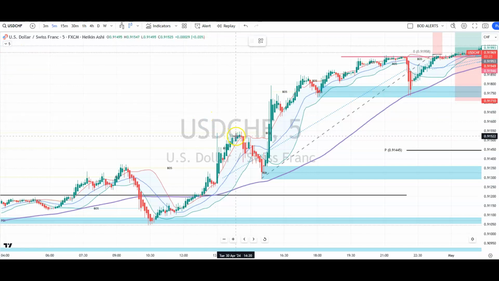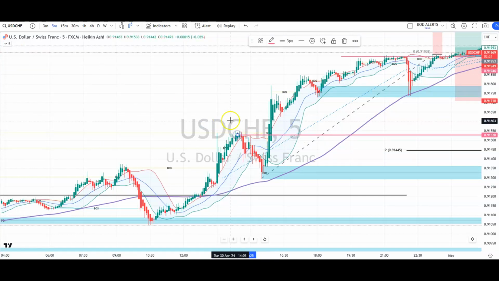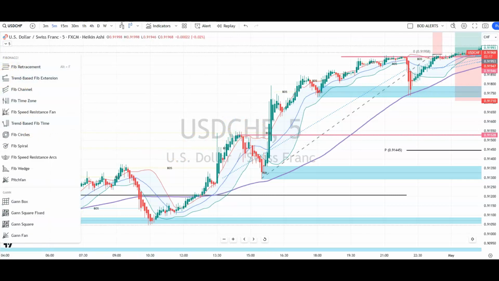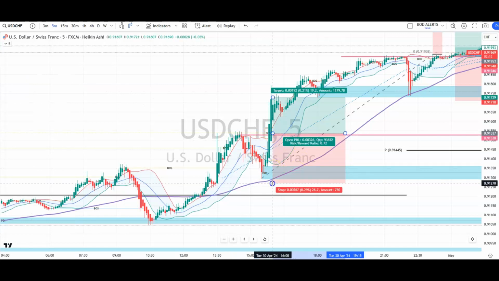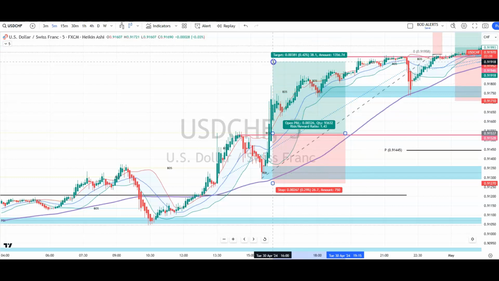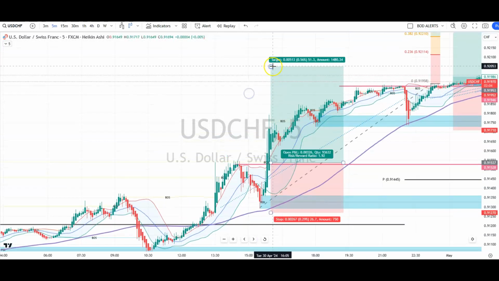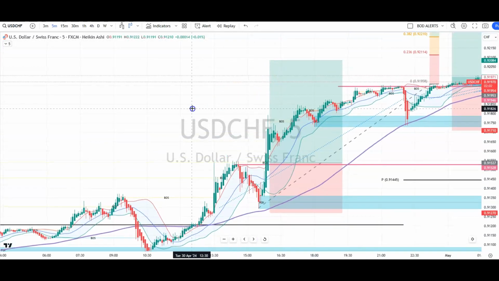Break of structure here. Tools here, along just above there. Swing low, 26 pips. Target 2 times. There.